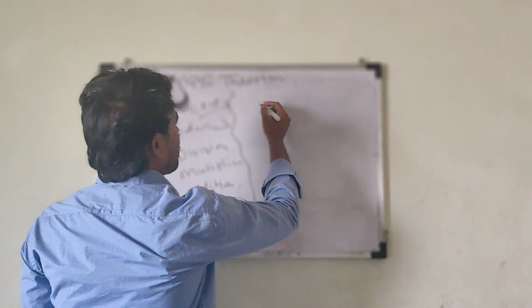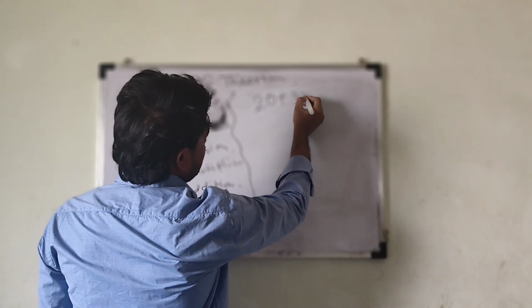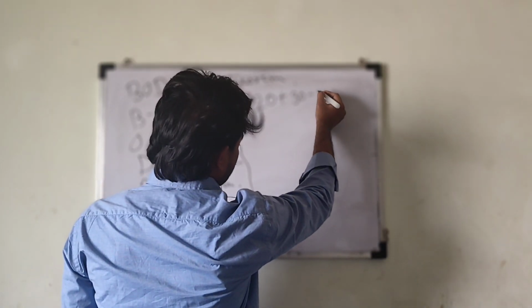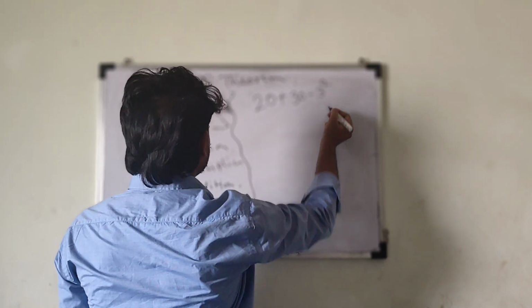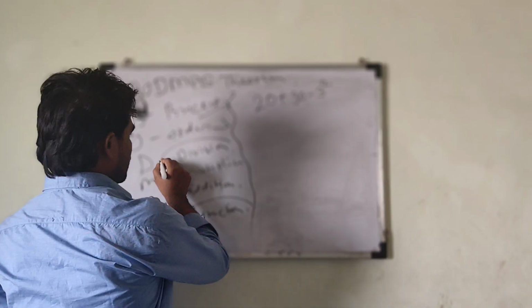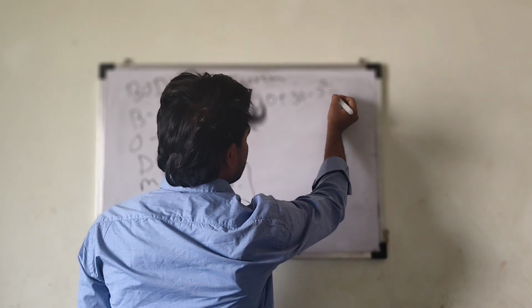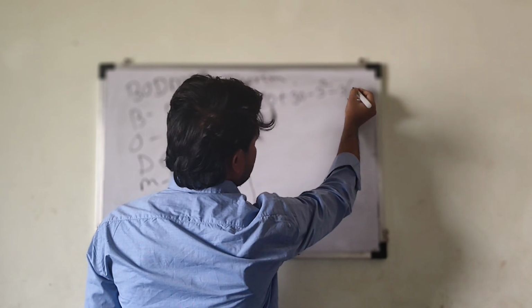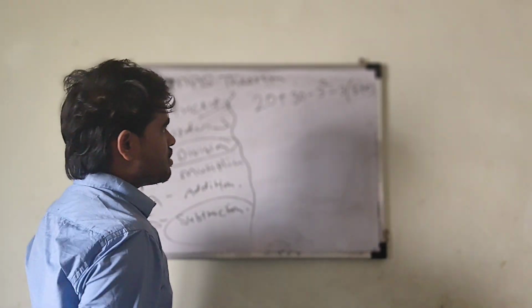The first question is 20 plus 30 minus 3 square, division, 3 into (5 plus 6). That's an easy question.